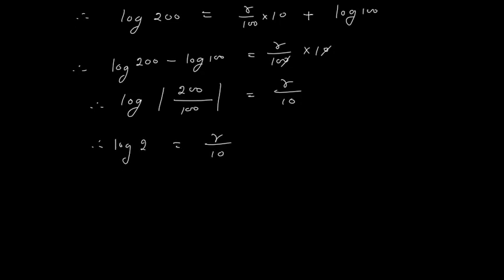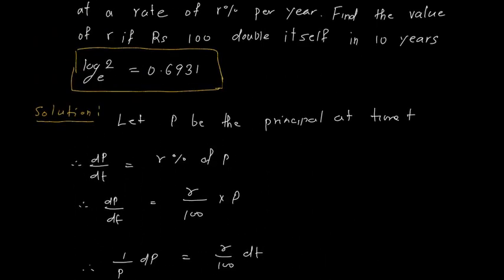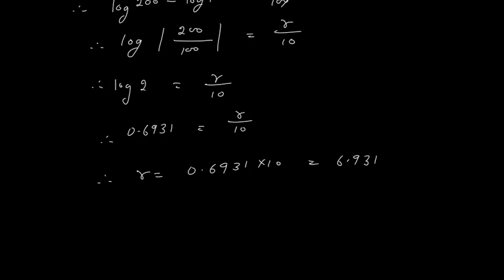Now if you see your question, it is mentioned that the value of log 2 is 0.6931. This becomes R upon 10. So the value of R becomes 0.6931 into 10, which is equal to 6.931.